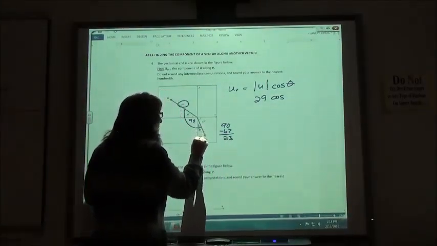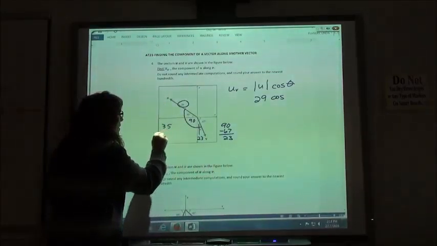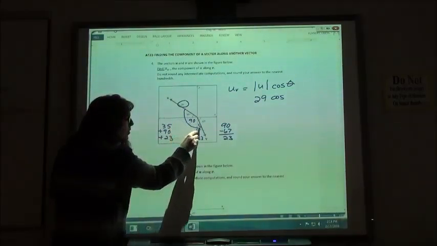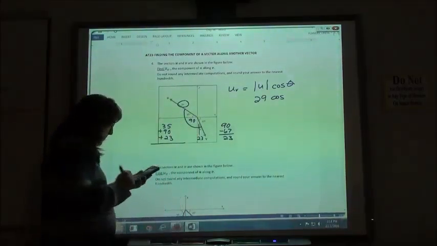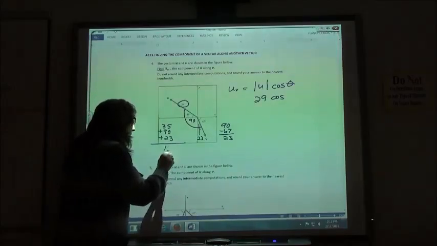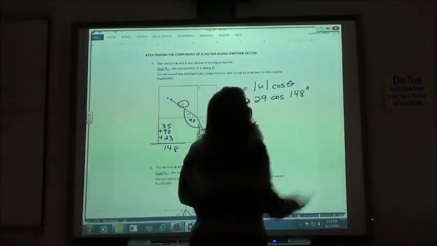So that little angle is 23. So I'm going to have 35 plus 90 plus 23 to get all my little parts of my angle. That would mean 148. So I'm going to have 148 degrees up there.